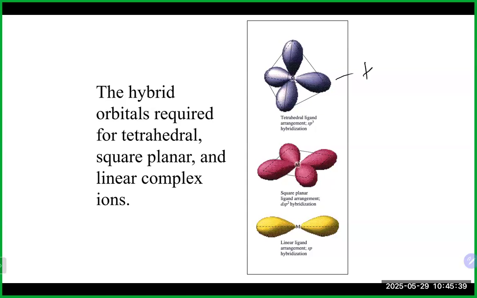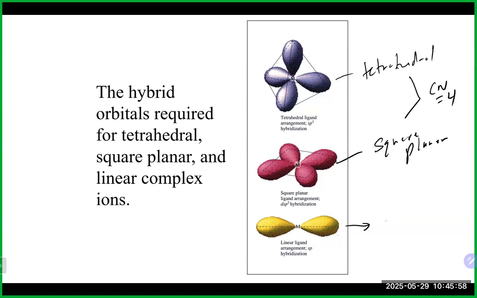We have tetrahedral, which is 4 electron pairs, and the expanded octet square planar. These two usually roll with a coordination number of 4. We also have linear, which is sp, usually a coordination number of 2, associated with that sort of geometry.